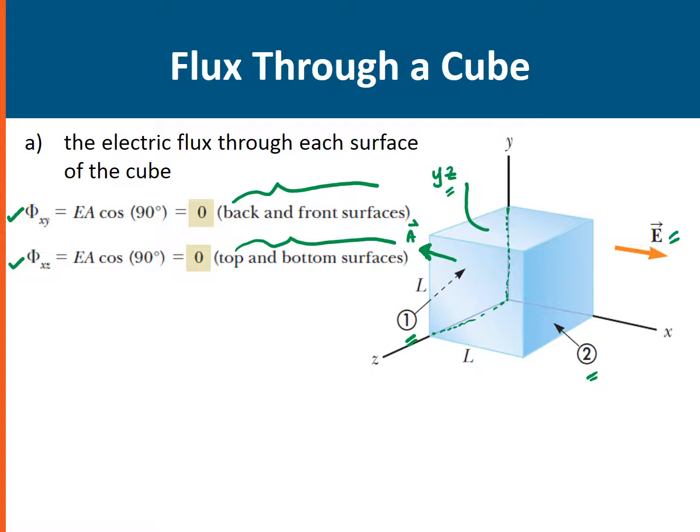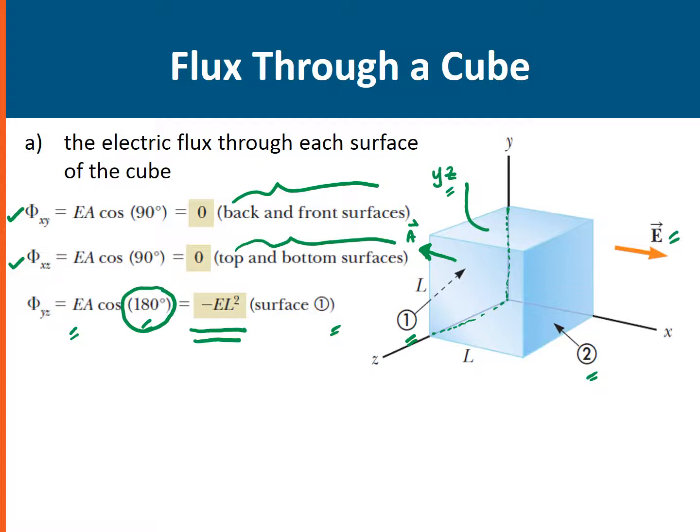So for surface 1, the electric field is at an angle of 180 degrees with respect to the area vector of surface 1. Therefore, our electric flux through surface 1 is just negative EL squared. And why is it EL squared?